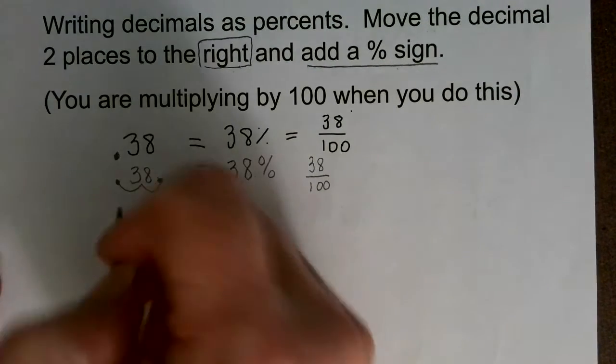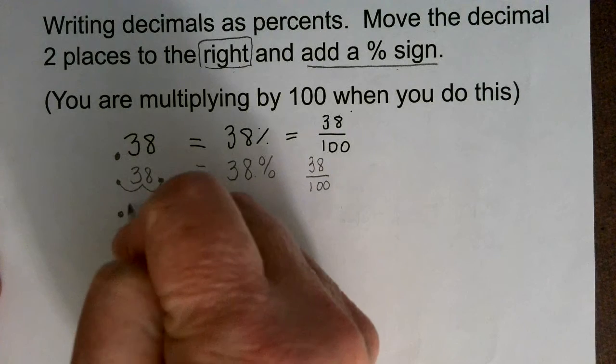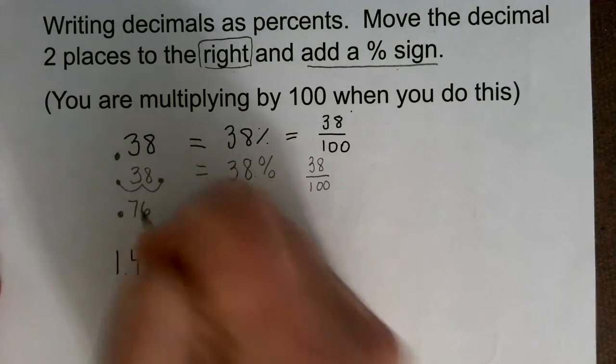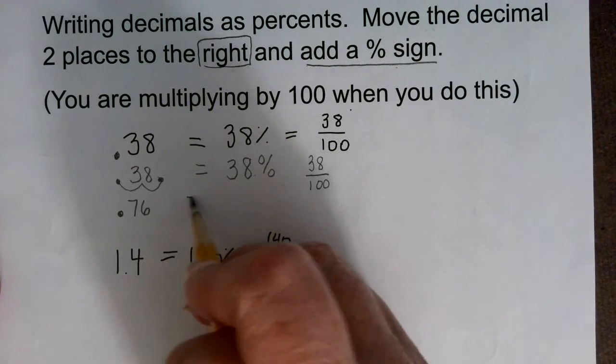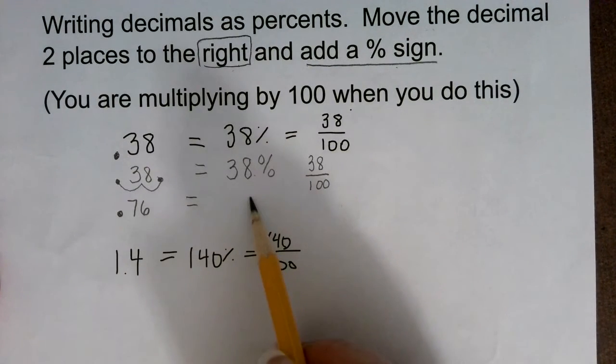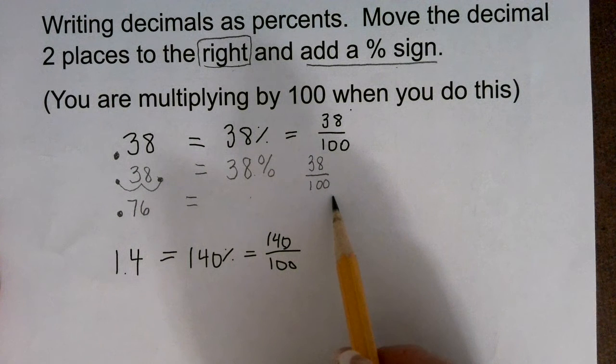So we talked about if you have 76 hundredths, what would that be as a percent? And what would that be as a fraction?